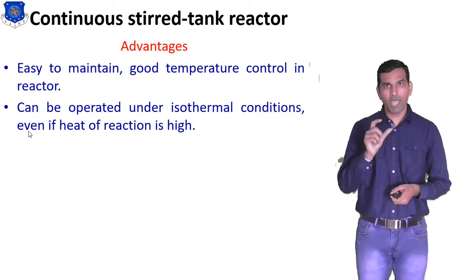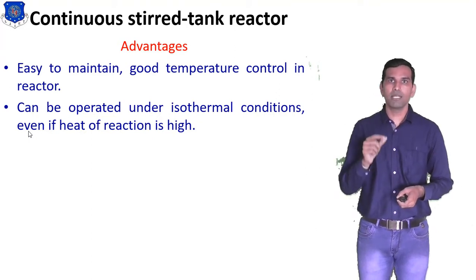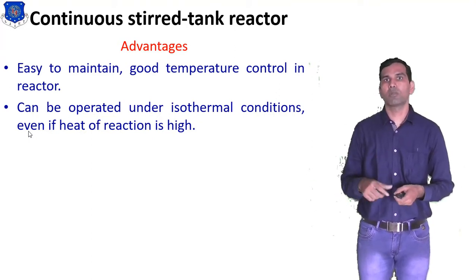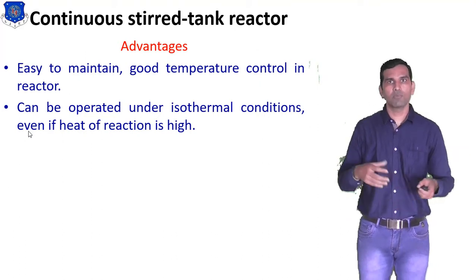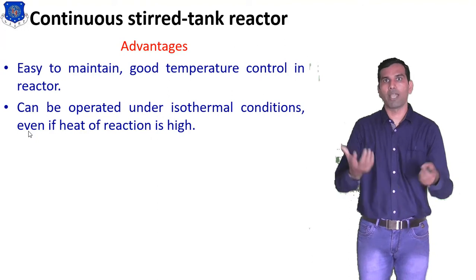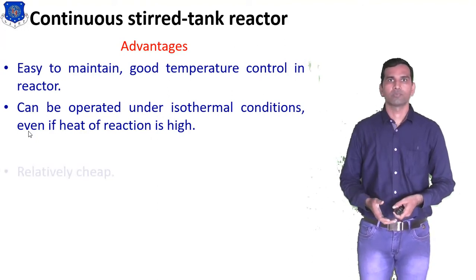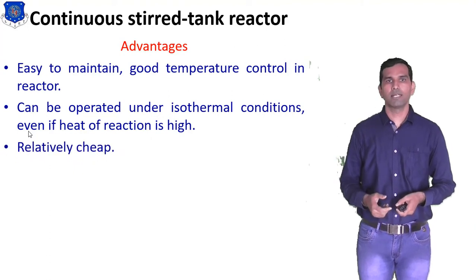So this is the main and important advantage. That means in some situations where the heat of reaction is too high, we can use this reactor. The third one is that it is relatively cheap.